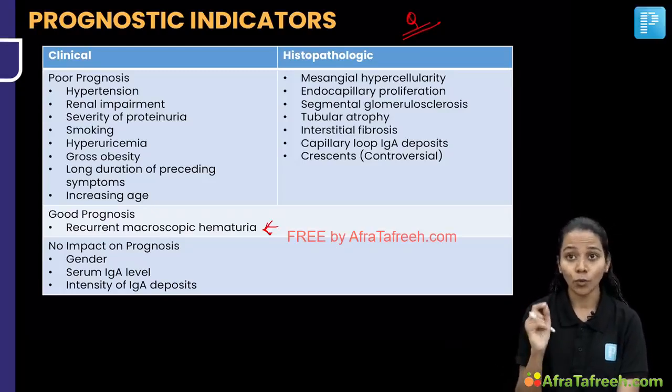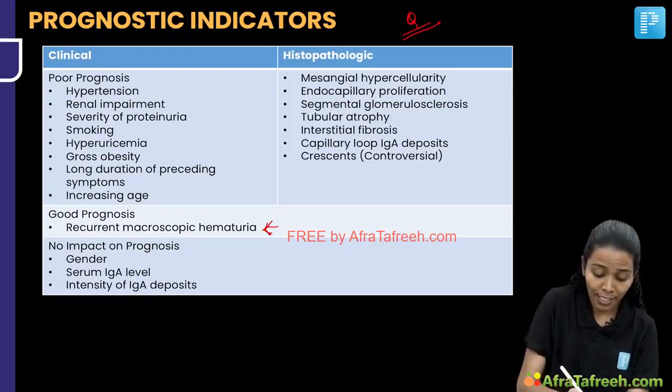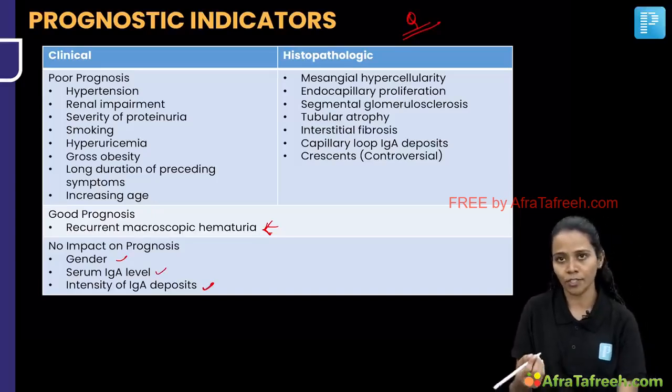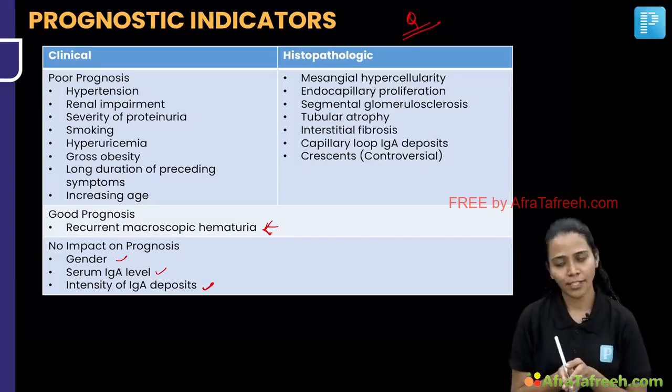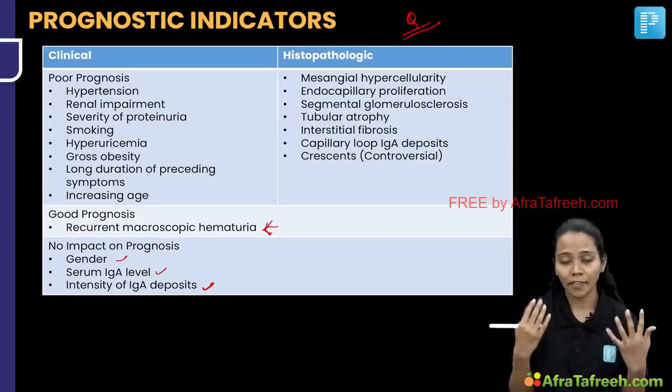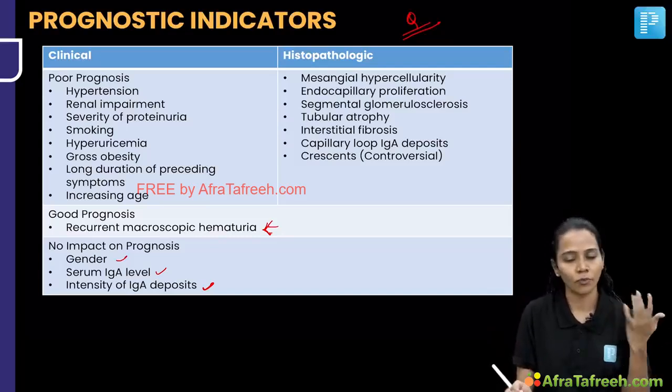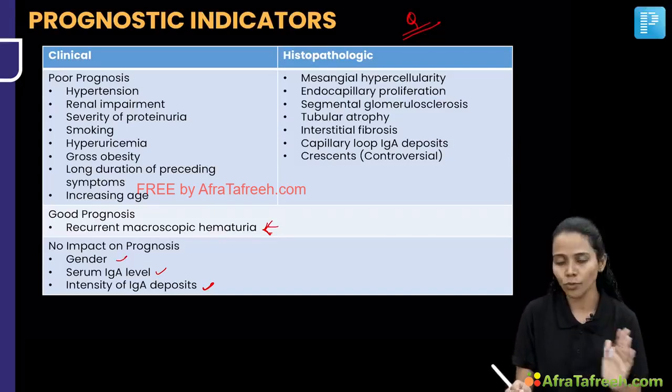The things that have no impact on the prognosis are gender, serum IgA level, and intensity of IgA deposits. Okay, so whether male or female, whatever is the level of serum IgA, and how much is deposited in the kidney, whether it's 3+ or 2+ or 4+, it has no significance.